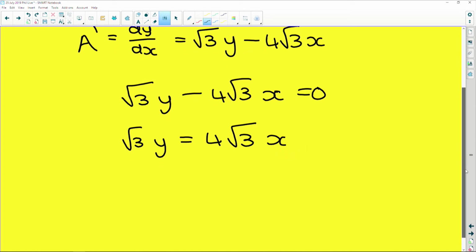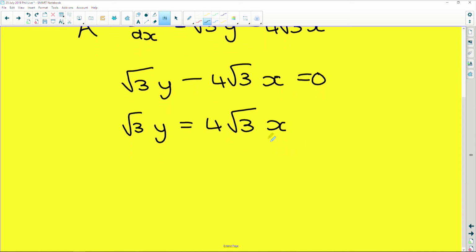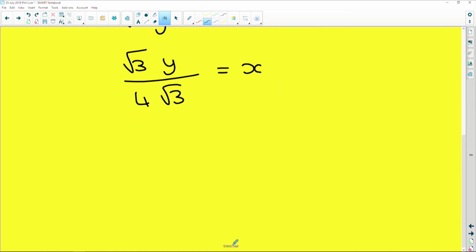Okay, so now I want to try and isolate x. So we divide by 4 root 3, so root 3y over 4 root 3 is equal to x. And now we know that the root 3's are going to divide into each other. So we get that x is equal to a quarter y.